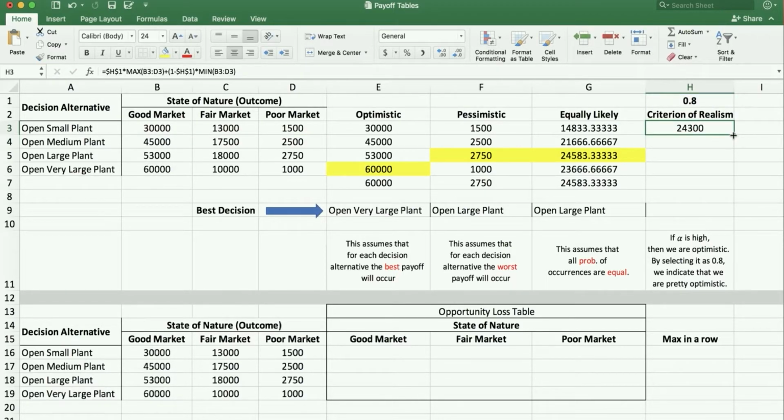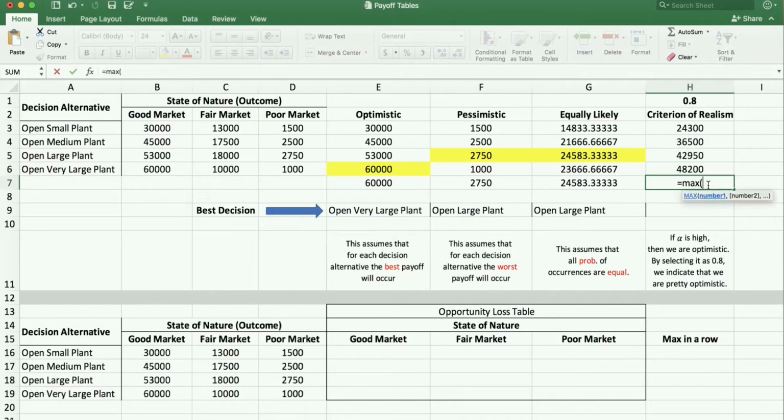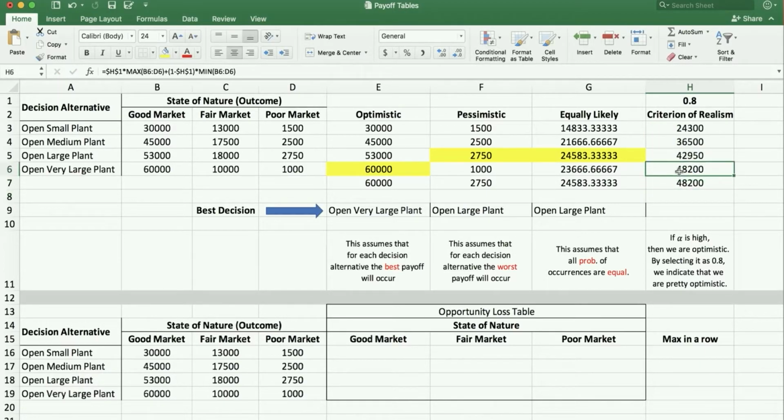So I click on the cell, go to the bottom right, and drag it down to calculate all of the values. And the final step is to take the maximum of these values, which is equal to 48,200. That comes from the last decision of opening a very large plant.